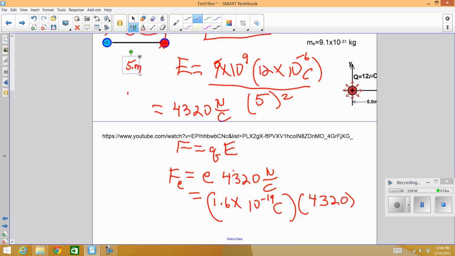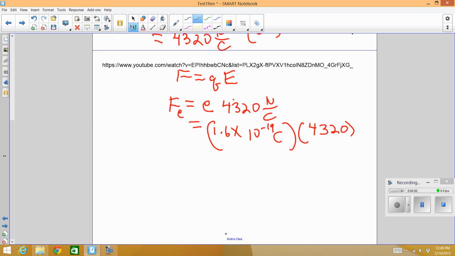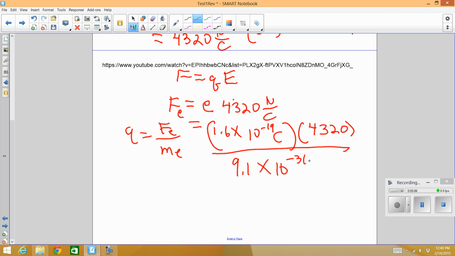Now to get the acceleration, it is the force divided by the mass of the electron. So we're going to divide this by the mass of the electron, which is 9.1 times 10 to the minus 31 kilograms. And this comes out to be 7.6 times 10 to the 14th meters per second squared.